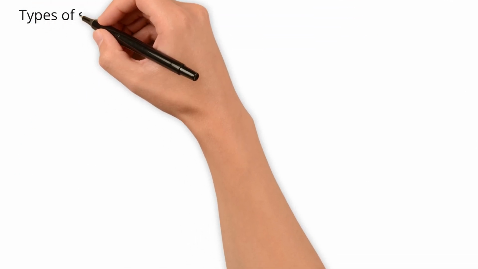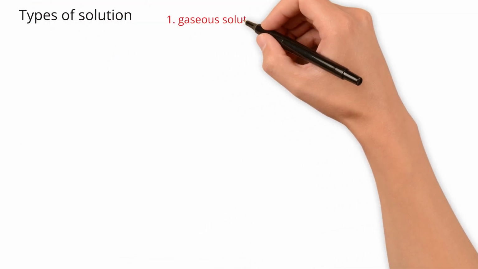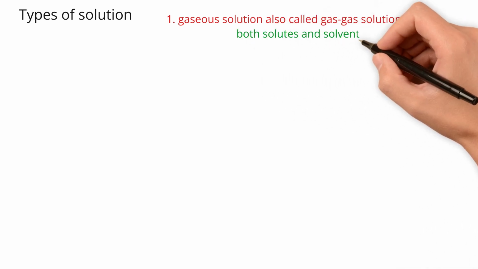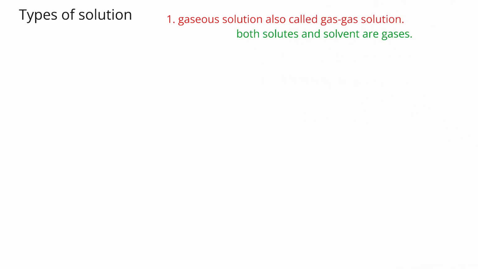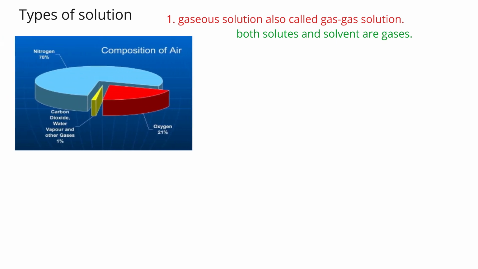Now, types of solution. The first type of solution is gaseous solution, also known as gas-gas solution. In gas-gas solution, both solute and solvent are gases. Let us take an example: air.